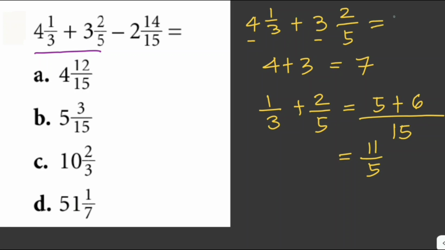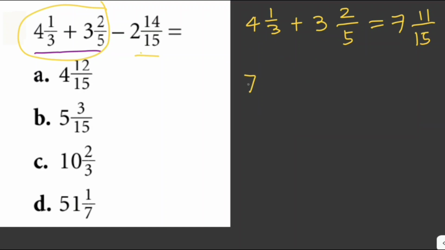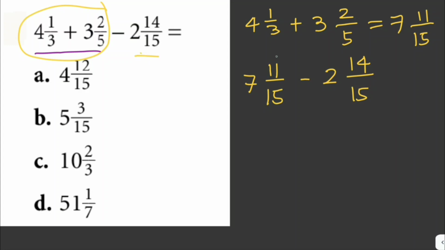So therefore this is just 7 and 11/15. And now we can replace that here so we can perform the subtraction. So this would be 7 and 11/15 minus 2 and 14/15. Since the numerator of this fraction is smaller than the numerator of the second one, we have to borrow 1 from 7, and 7 would become 6. So our answer won't be negative.